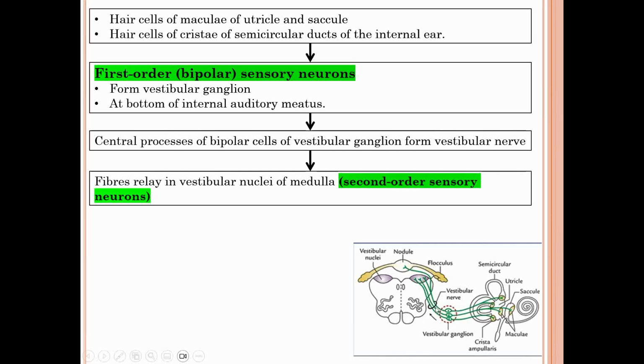Because it is a bipolar neuron, these are the peripheral processes and these are the central processes. After forming the vestibular nerve, the central processes relay in the vestibular nuclei of the medulla, where the second order neurons begin.